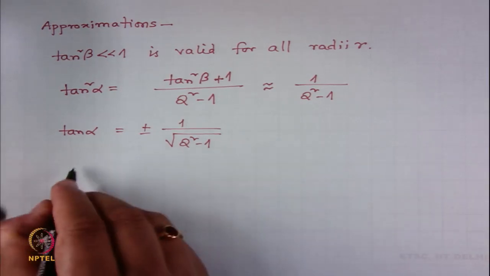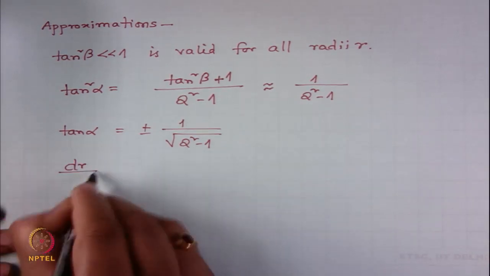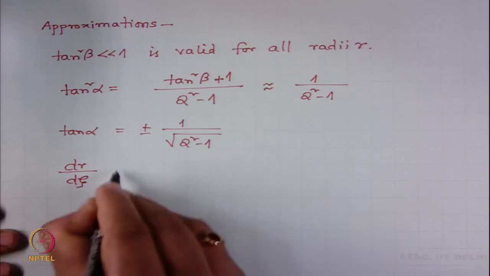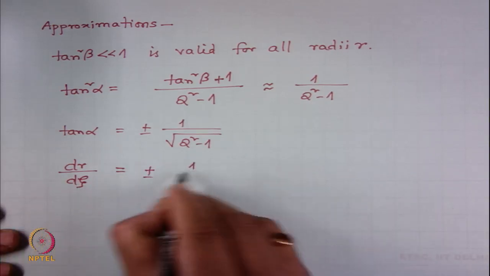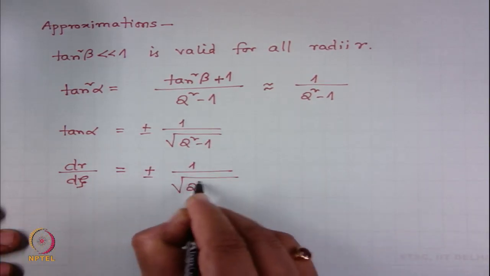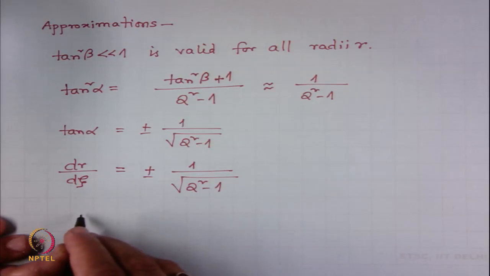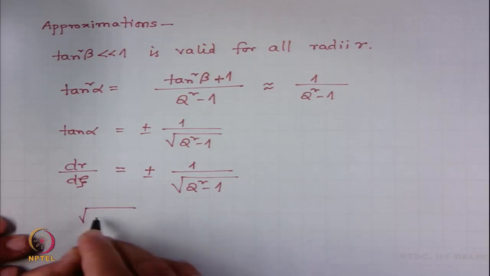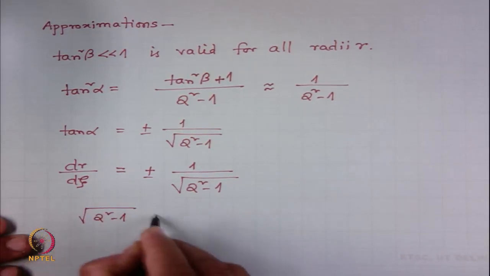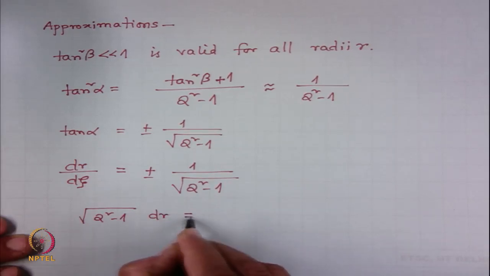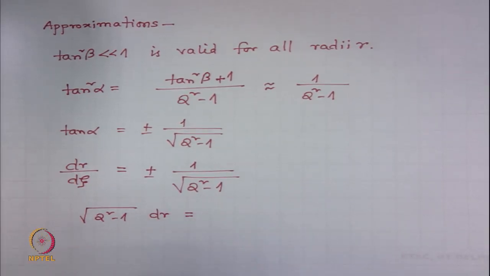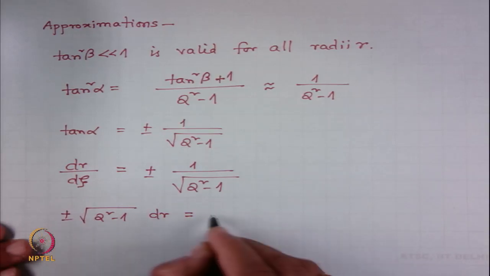What is tangent of alpha? dr by d zeta is 1 by root over q square minus 1. So, root over q square minus 1 dr will be equal to d zeta.